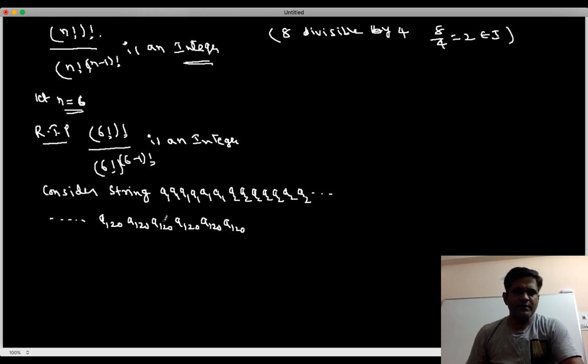I am considering this string. So here in the string, a1 contains 6 times, a2 contains 6 times, a120 contains 6 times.